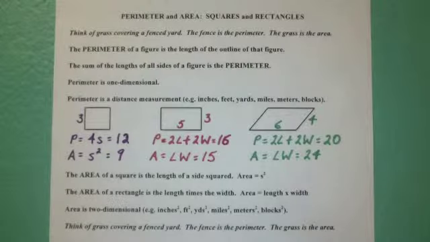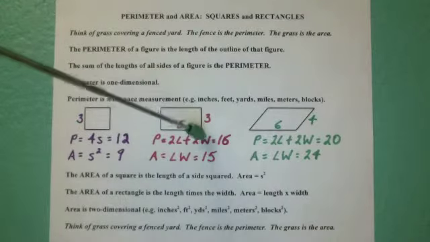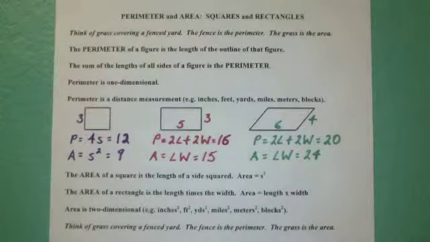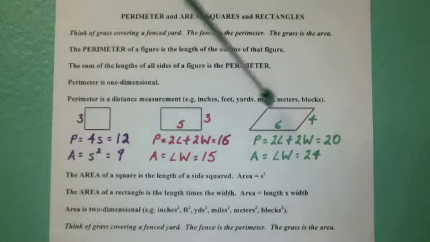Another way to look at this is when you're finding area, you're multiplying adjacent sides. This side times this side. This side times this side. This side times this side. Adjacent sides are sides that touch. So you choose any two sides that touch and multiply them to find the area of a square, a rectangle, or a parallelogram.